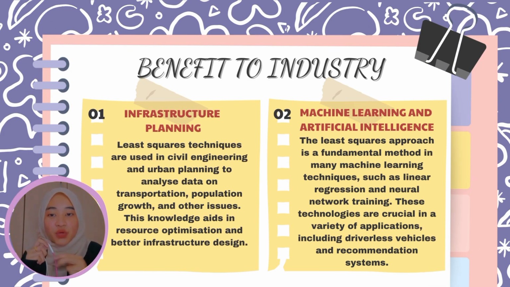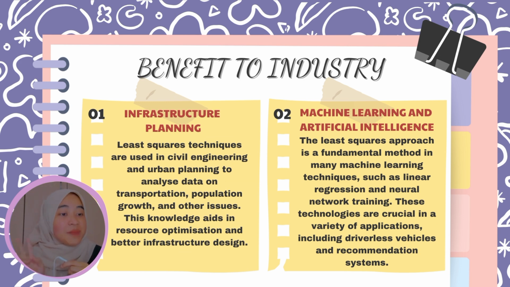Next, I'll continue with the benefits of using the least square method to industry. For the first one, its benefits toward infrastructure planning. Why? Least square techniques are used in civil engineering and urban planning to analyze data on transportation, population growth, and other issues. This knowledge aids in resource optimization and better infrastructure design.